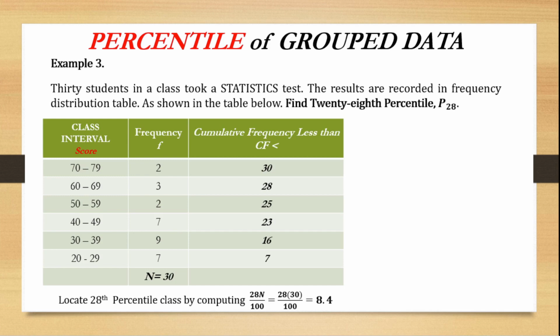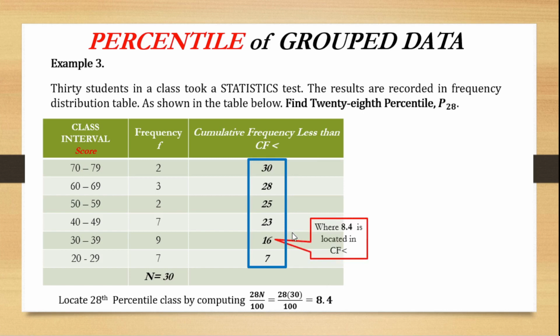After finding the value of 28n divided by 100, we locate where 8.4 belongs in our cumulative frequency less than. By inspection, 8.4 is located in the CF less than 16, because 7.01 to 15 belongs to 16. So 8.4 is located in the frequency less than 16. This is now our percentile class.